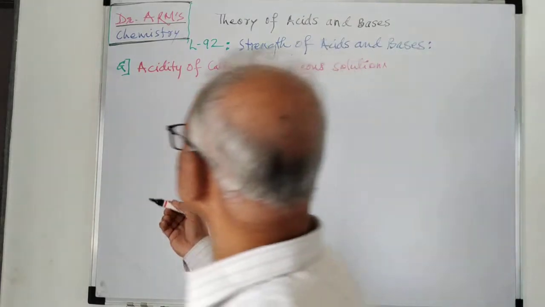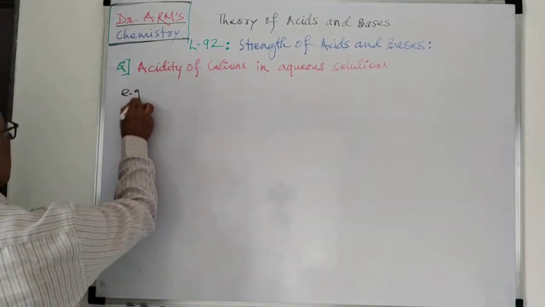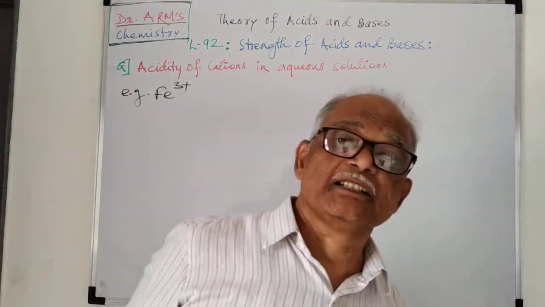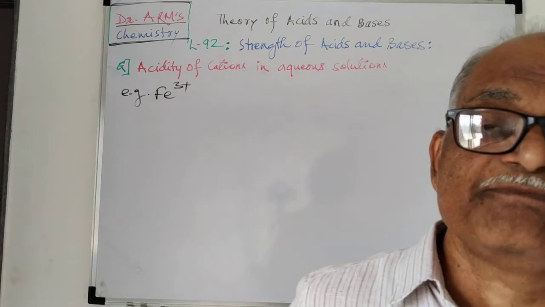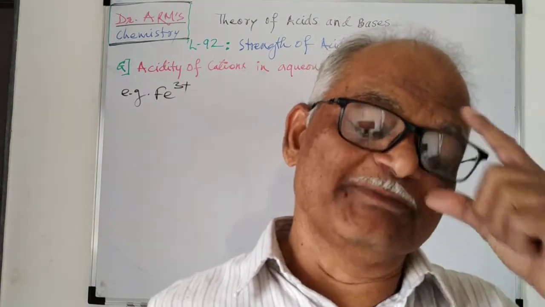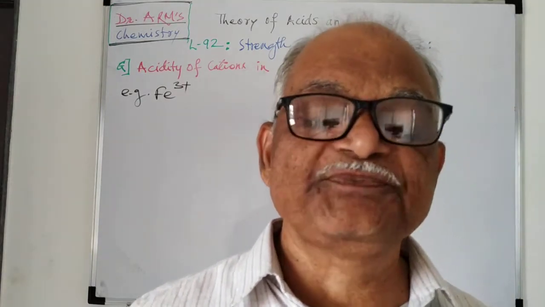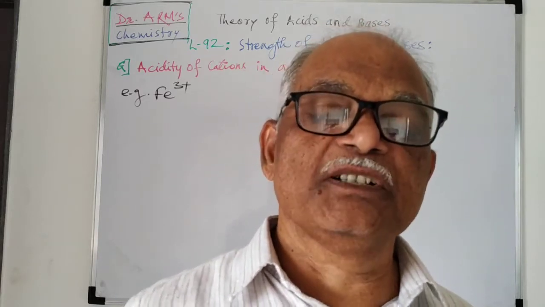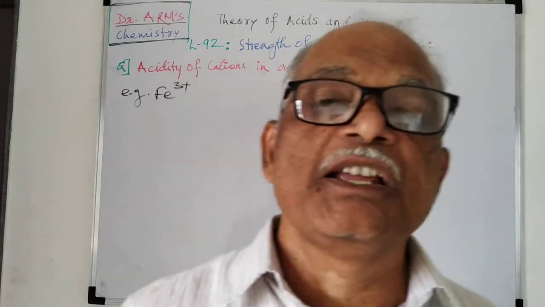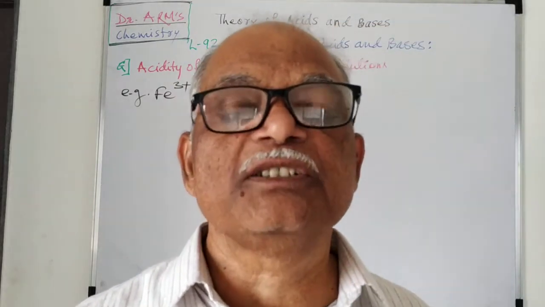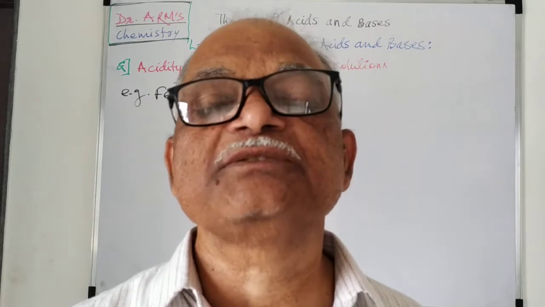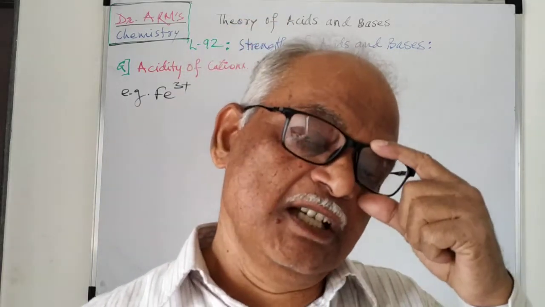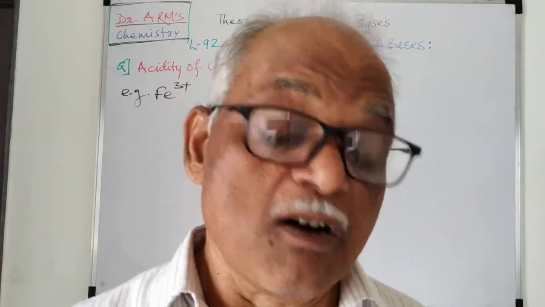For example, consider Fe3+, a transition metal in a higher oxidation state. When the salt is dissolved in water, it gets hydrated, and depending upon the concentration of the solution, it forms the hydroxides or sometimes the oxides. So depending upon the concentration of that metal ion, the color of the solution is observed.